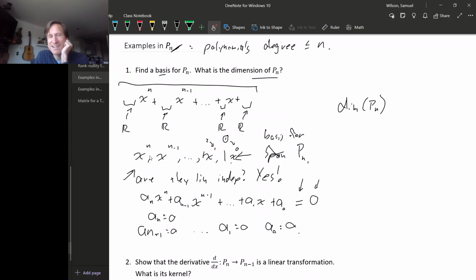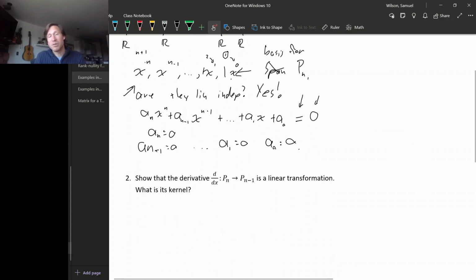And that means when I get to the end of the list here, my counting number is going to be 1 more than n. So it's going to be n plus 1. That means there are n plus 1 polynomials in this basis, and that means the dimension of P sub n is n plus 1. All right. Great. So that's how basis and dimension works out for P sub n.